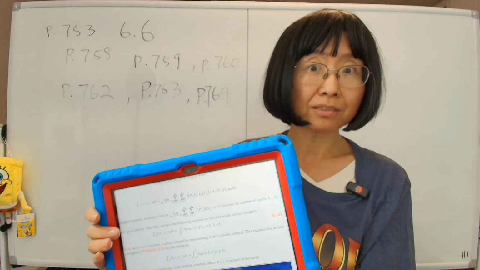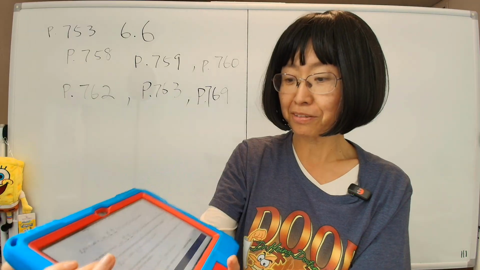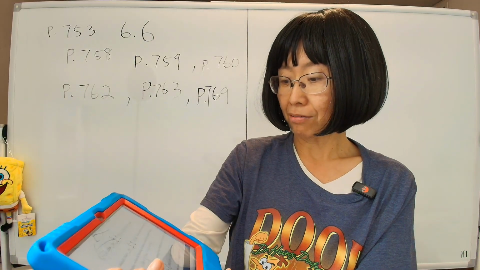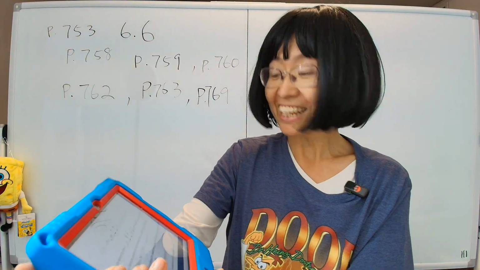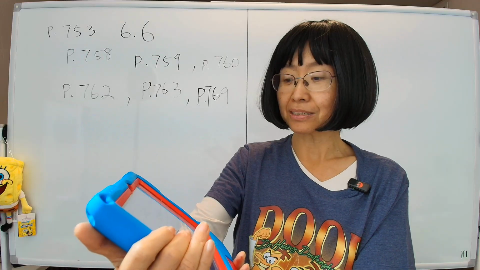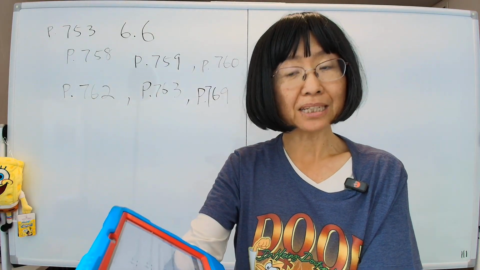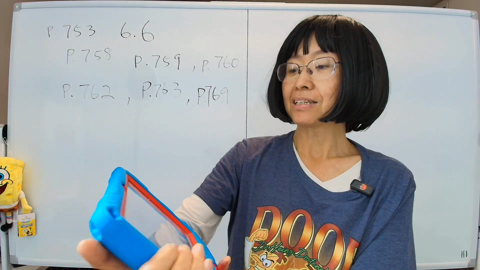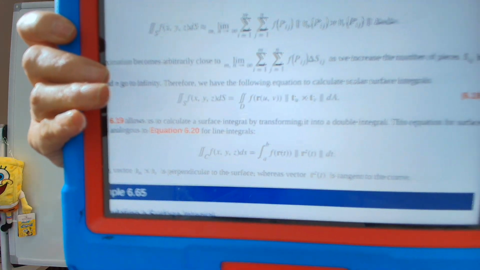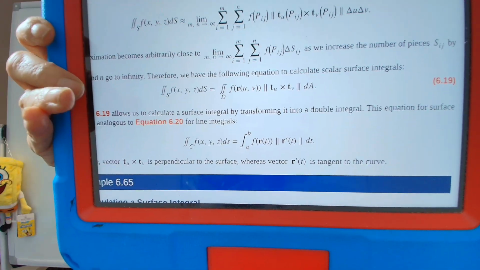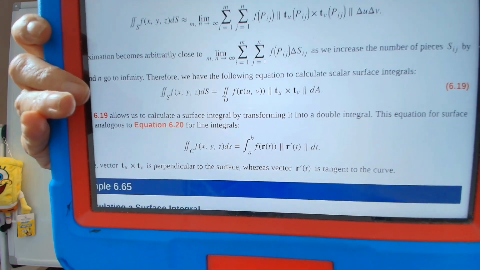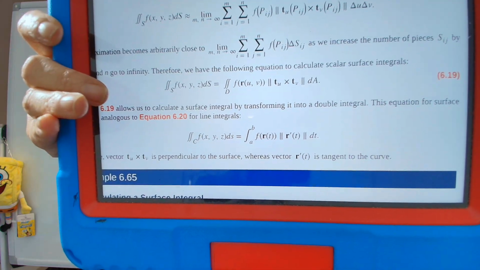Remember, tu is just the partial derivative of r with respect to u, and r is whatever it is, okay? And so is tv, the partial derivative, and they represent the tangent. That's why we call them t instead of r. And then you plug the function in there, and then you integrate that whole thing over the area D that your surface is referring to.